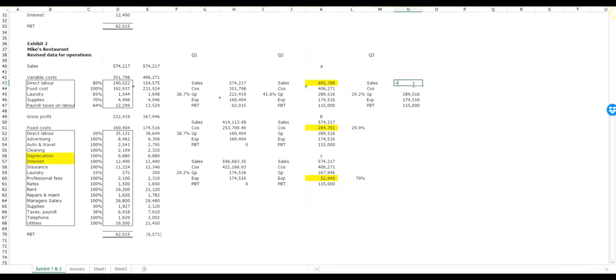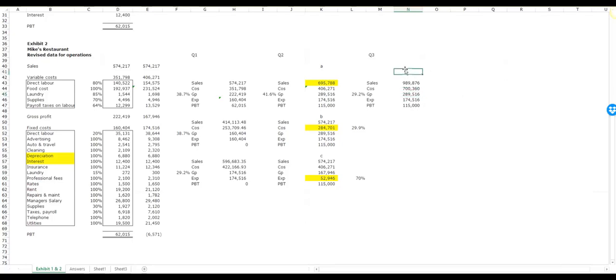Now apply your rule that says gross profit divided by margin, and what we have calculated is the sales required to make a profit of 115,000 at this low margin here. That implies we haven't increased the price, we have only increased the volume of production. And the question was asking us, what is the percentage increase in volume?